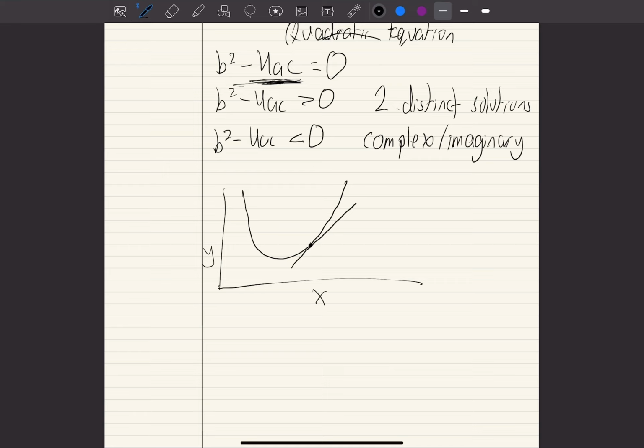See? One point, not two points, not three, not four, one point only. So, if this line only touches one point of this curve, we can say that b squared minus 4ac must equal 0 to only give one solution. We can't have two roots because that means it's not a tangent. It simply is not a tangent if it touches the curve more than once.